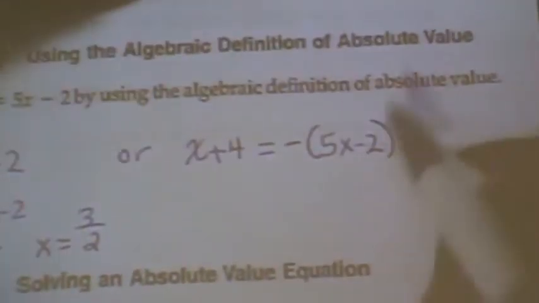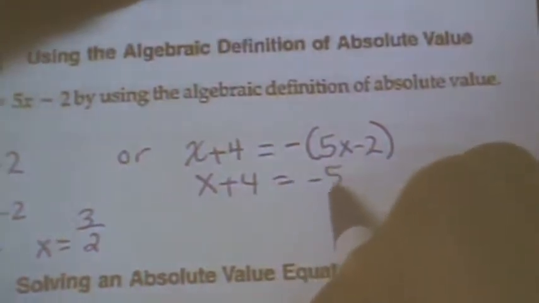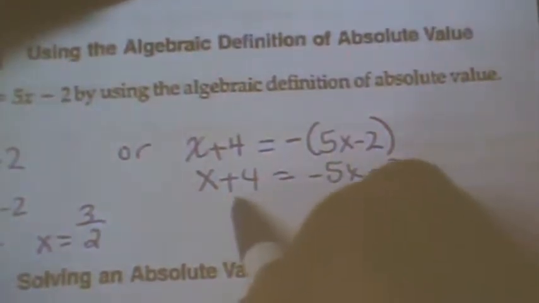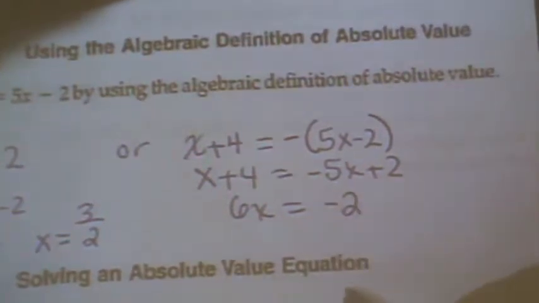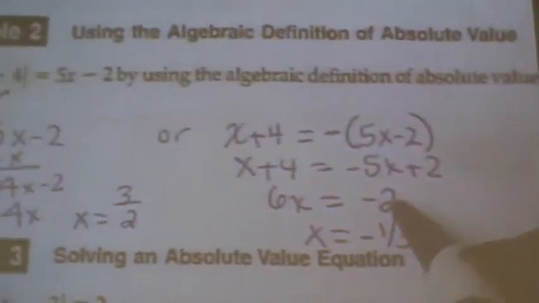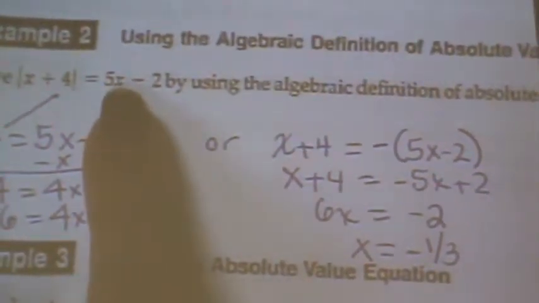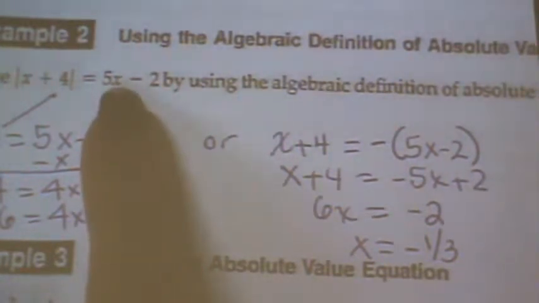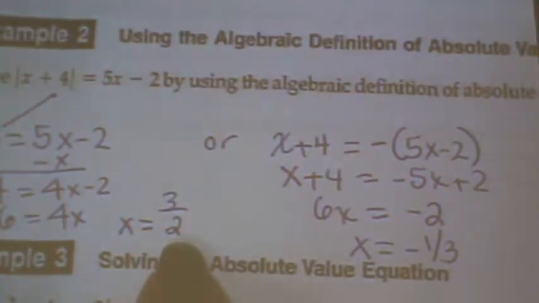On this side, we have to distribute the negative. Add 5x. Subtract. Divide. And simplify. Now, here's an indication that you may have an extraneous solution because of this x here. Now I can tell you when you plug in 1.5, I'll use my calculator.